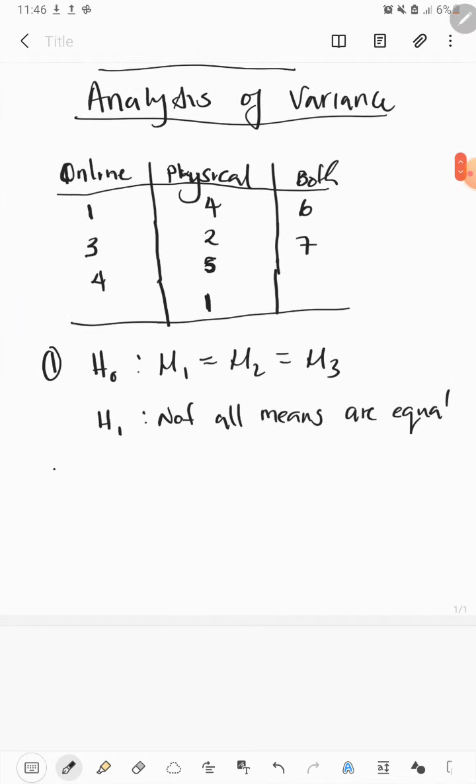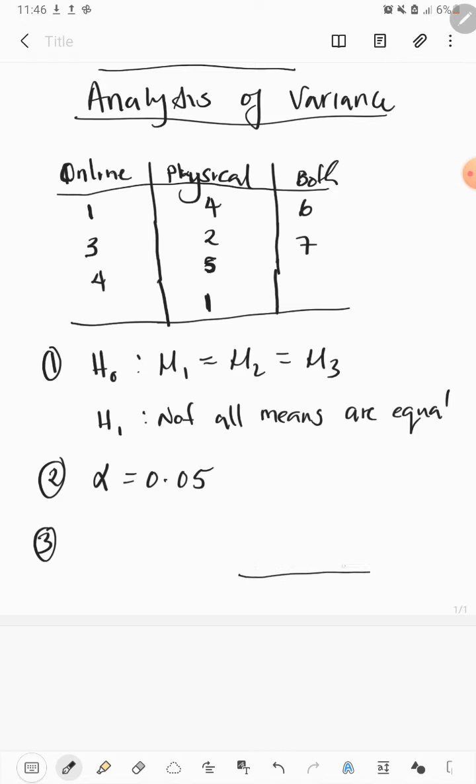The second step is to state the level of significance. Here we put 0.05 since we are not given one. After that we state our rejection region. When we're dealing with analysis of variance, we use the F table.